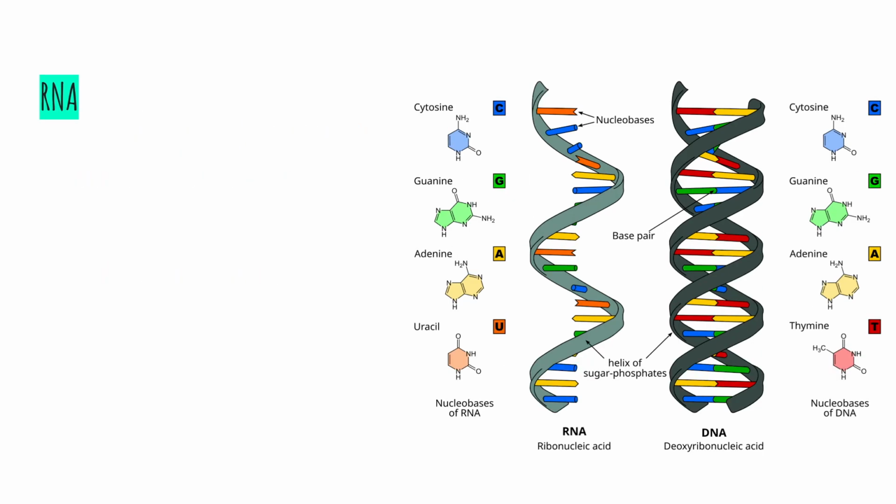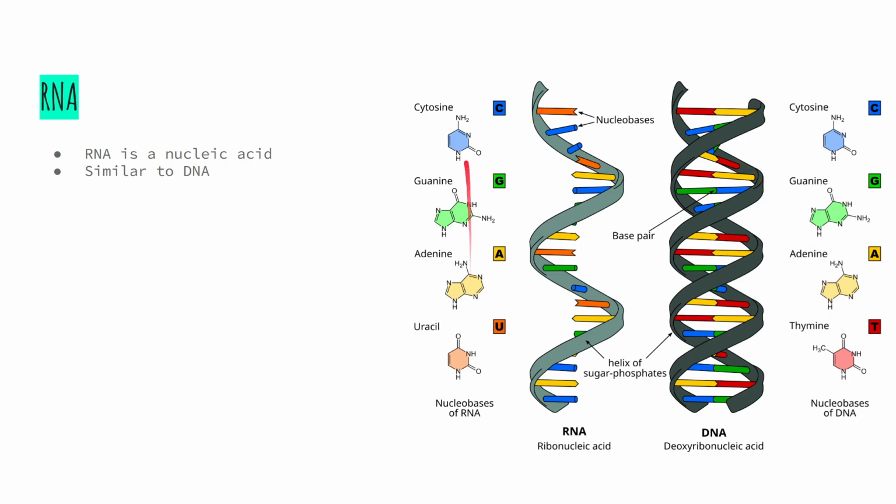And let's jump straight into it with our RNA. So RNA is a nucleic acid, and as such, we should expect it to be a little similar to DNA. We can see in the picture here, we have our DNA on the right, deoxyribonucleic acid. On the left, we have our RNA, our ribonucleic acid. We can see the bases present on the right for the DNA.